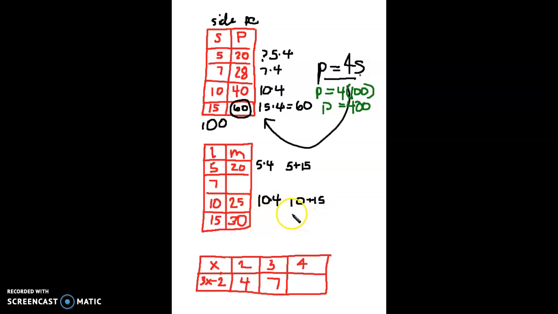Let's try down here. 15 plus 15, does that equal 30? It does. So my rule is plus 15, which we add to L. Whatever L is, we're just adding 15 to find my output. So 7 plus 15 gives me 22 as M.